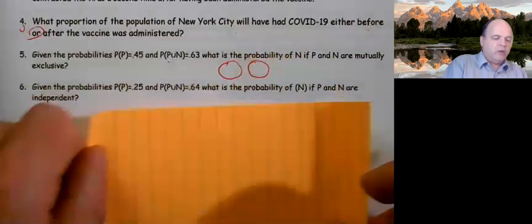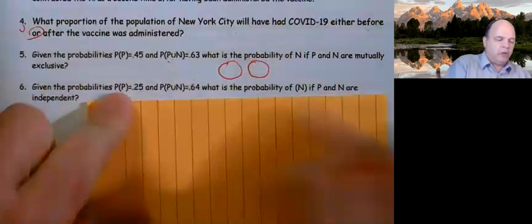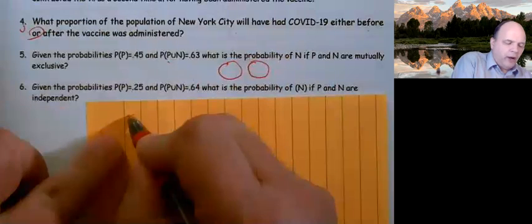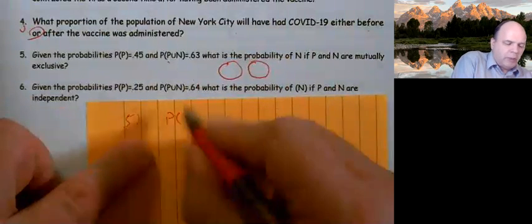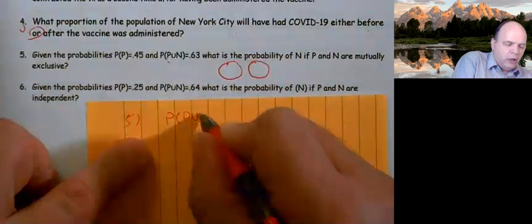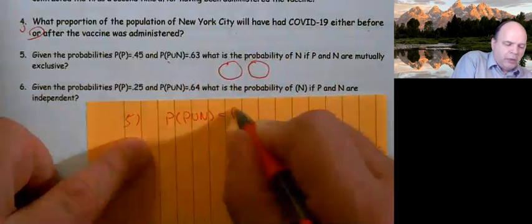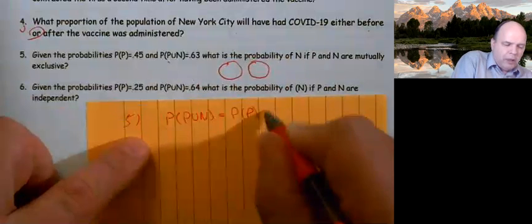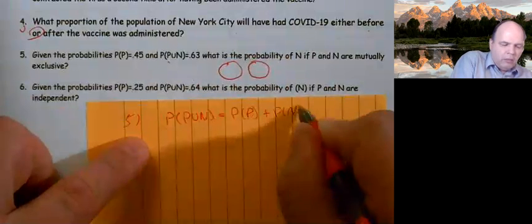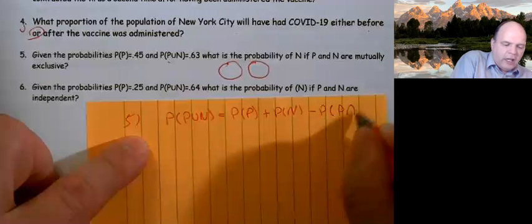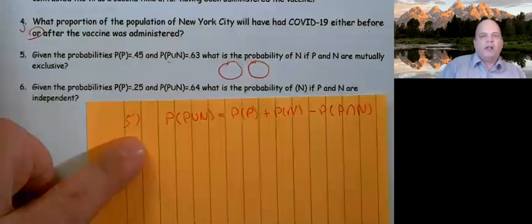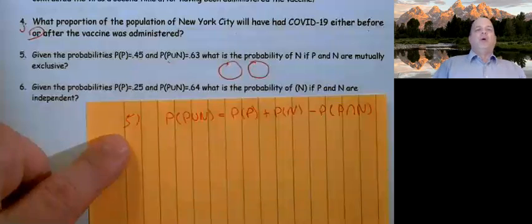So I'm going to write it in terms of this problem. For number 5, we have the probability of P union N equals the probability of P plus the probability of N minus the probability of P and N.